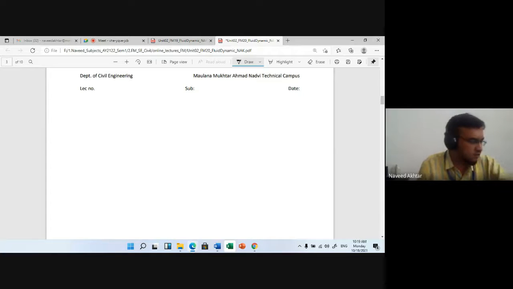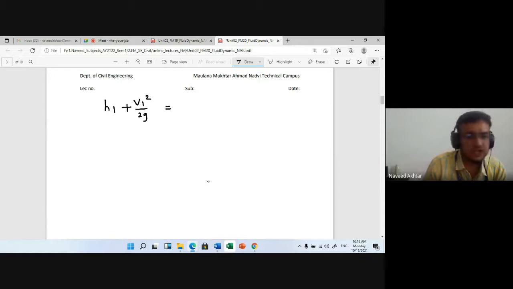So if you account for that, the modified Bernoulli's equation is H1 plus V1 square upon 2g is equal to H2 plus V2 square upon 2g plus the energy losses or head losses, that is HL.